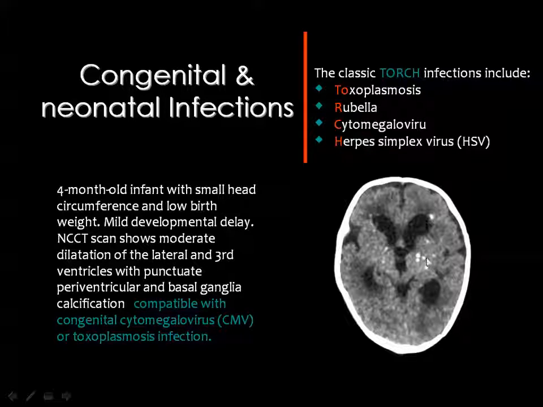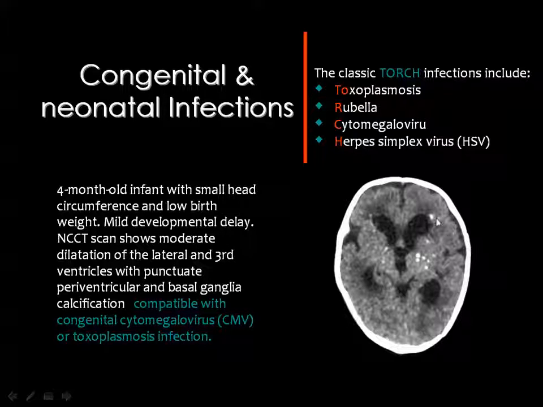And you only know the classic TORCH infections, which include the toxoplasma, the rubella, the cytomegalovirus, and the herpes simplex type 2. All these inflammatory conditions usually present by what's known as intracranial periventricular calcification.